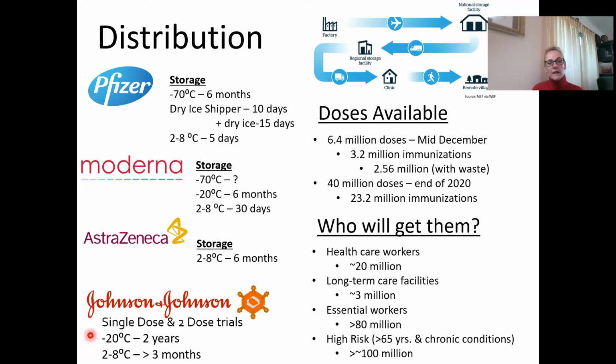And also importantly, it's stable at -20 for at least 2 years. And they know this because they've used a similar vaccine platform for other vaccines in the past. And at least 3 months at refrigeration, but it's probably even longer. So hopefully by the summer sometime, we'll all be able to get vaccinated. But everything has to go really, really right for that to work.